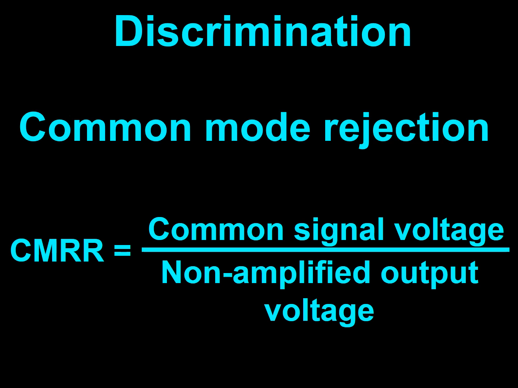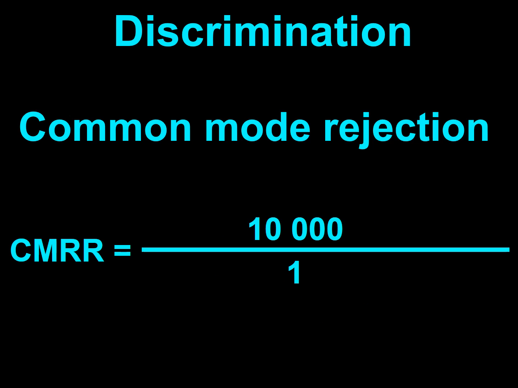Most of what is common is rejected, and all that is equal will be kept as is, with no distortion or amplification. A 10,000 to 1 common mode rejection rate is acceptable. This is equivalent to 80 dB.